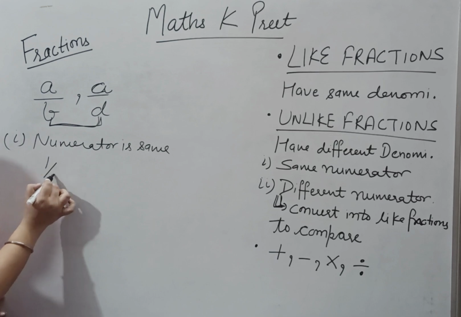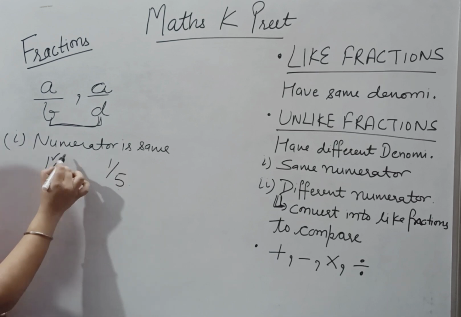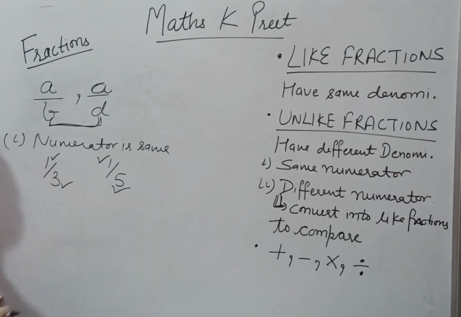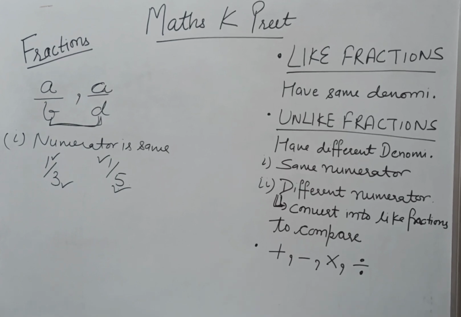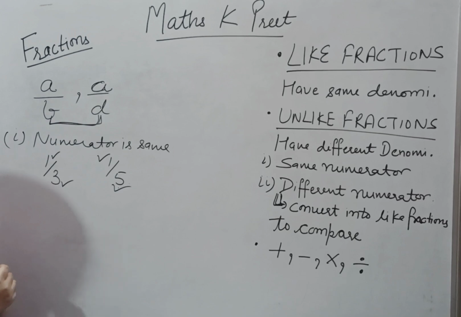Say let's take an example, 1 by 3 and 1 by 5. These two fractions have the same numerator but different denominators. So this is under the category of unlike fractions. We have to compare here too. How will we find which one is greater and which one is smaller?